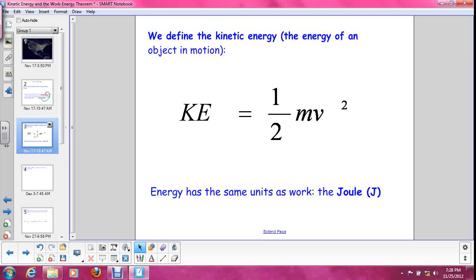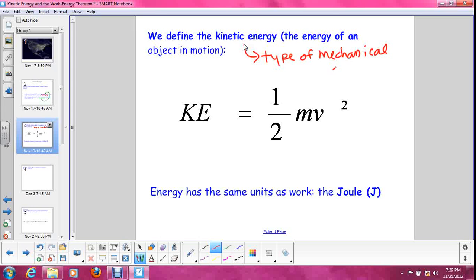So we define the kinetic energy, which is a type of mechanical energy, as the energy of an object in motion. Anytime an object has mass and a velocity, it has kinetic energy.